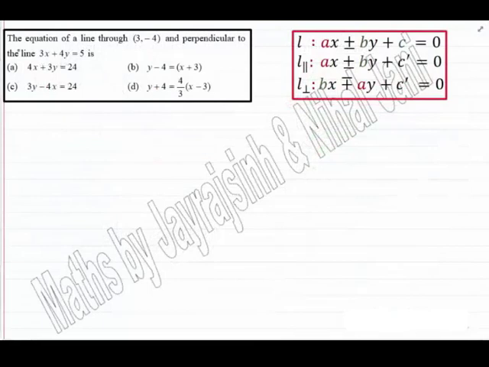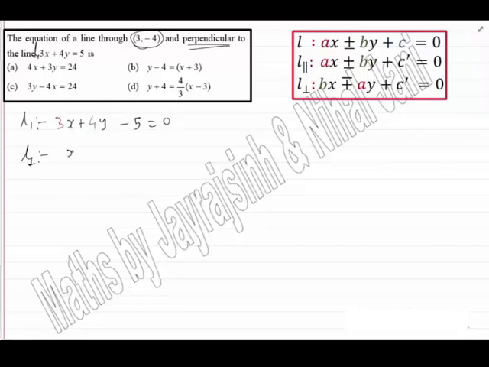Now the next question is, we have to find the equation of a line passing through the point 3, minus 4 and perpendicular to line L1 which is 3x plus 4y plus 5, right? Our line is actually perpendicular to L1, and we know how to generate a perpendicular line. We have to exchange the coefficients of x and y.